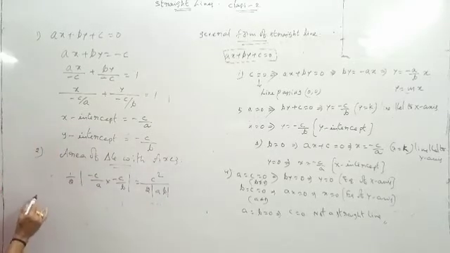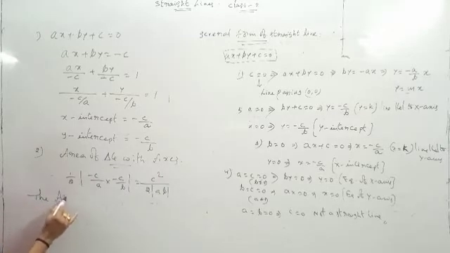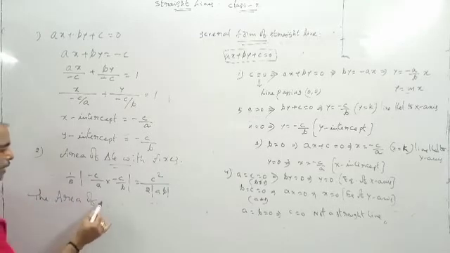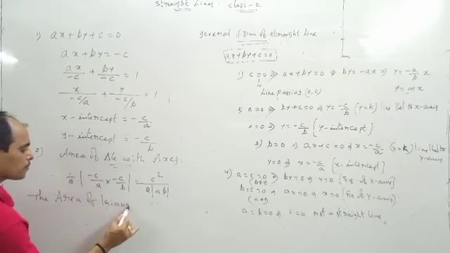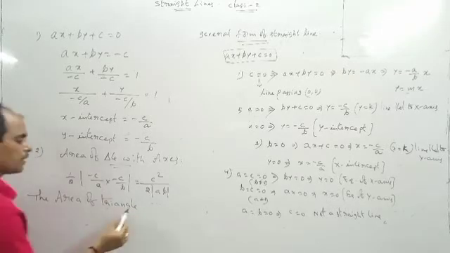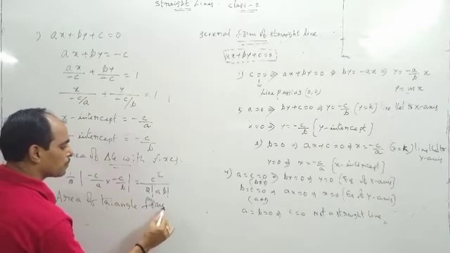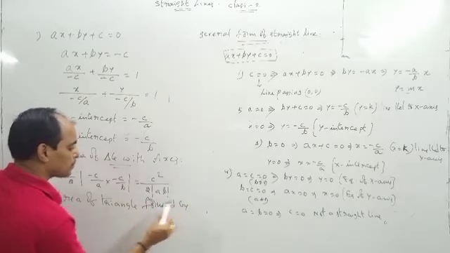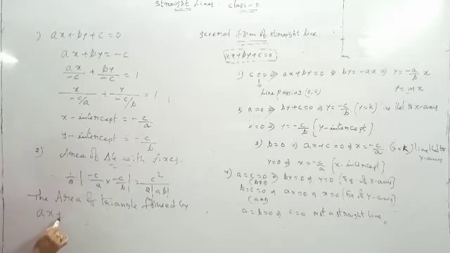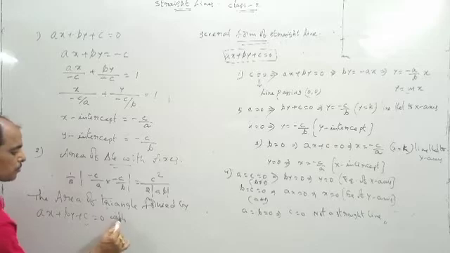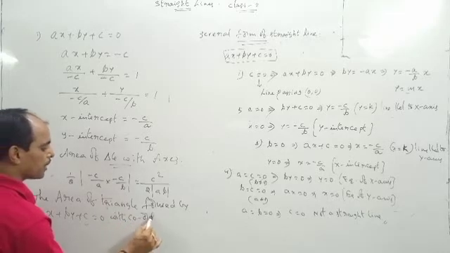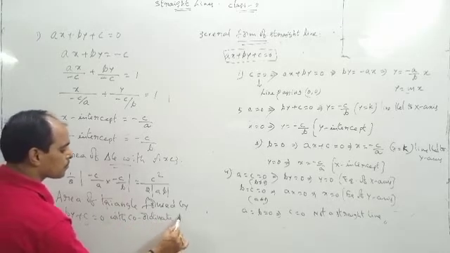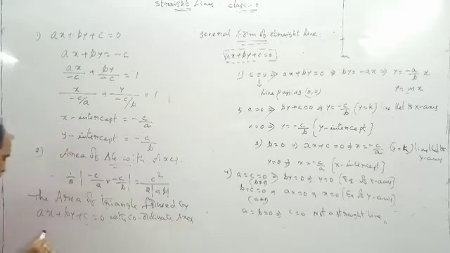So the area of triangle formed by ax plus by plus c is equal to 0 with coordinate axis is c square by 2 mod ab.